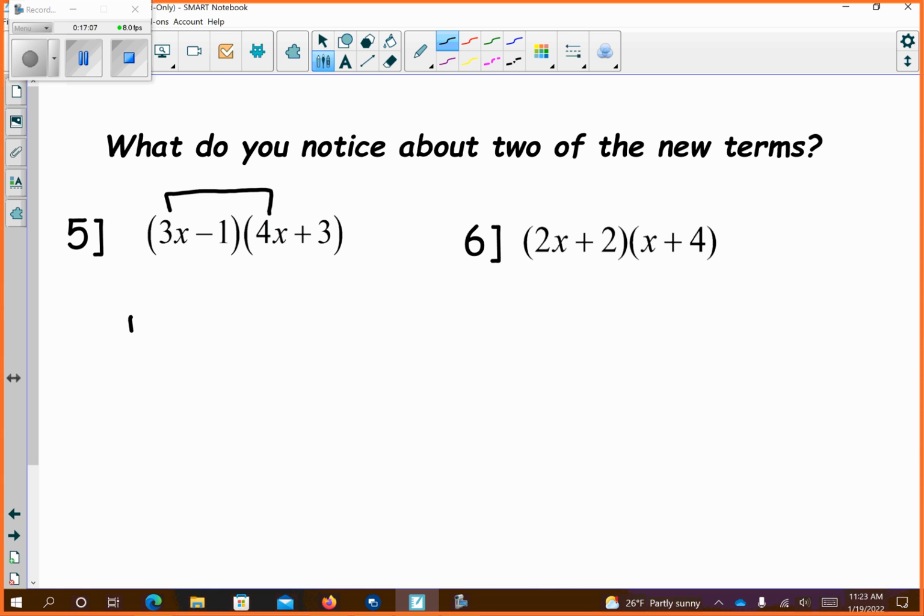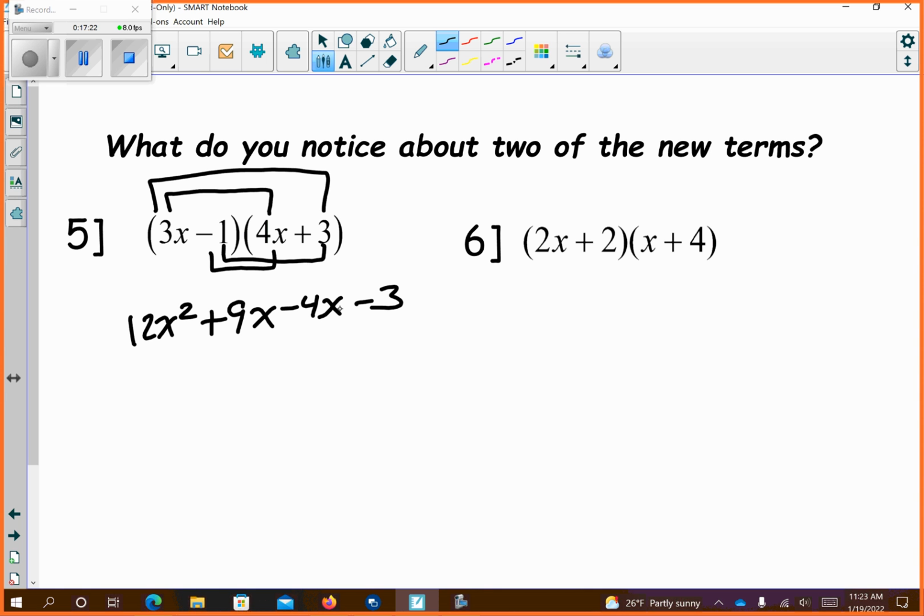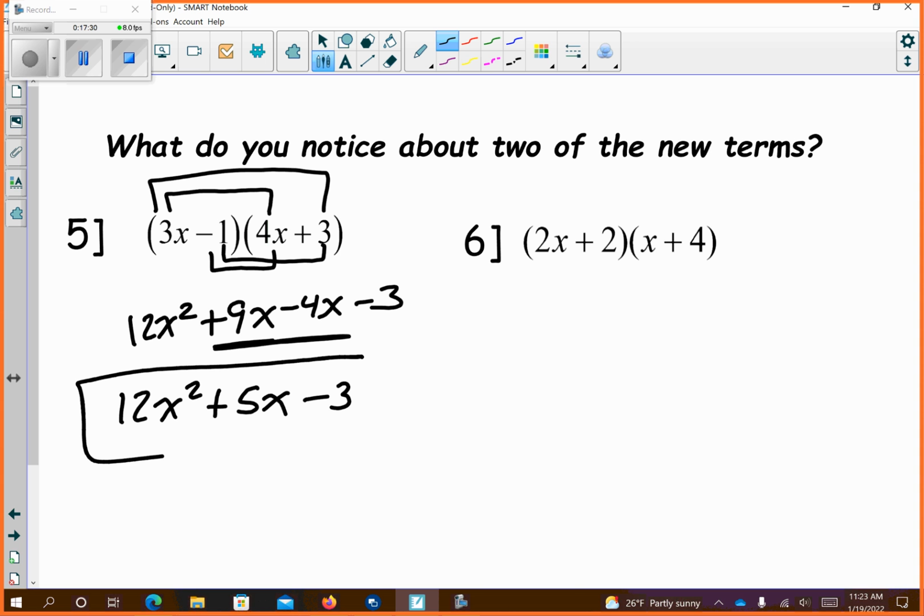3x times 4x is 12x squared. 3x times 3 is 9x. Negative 1 times 4x is negative 4x. Negative 1 times 3 is negative 3. These are my like terms. It's done.